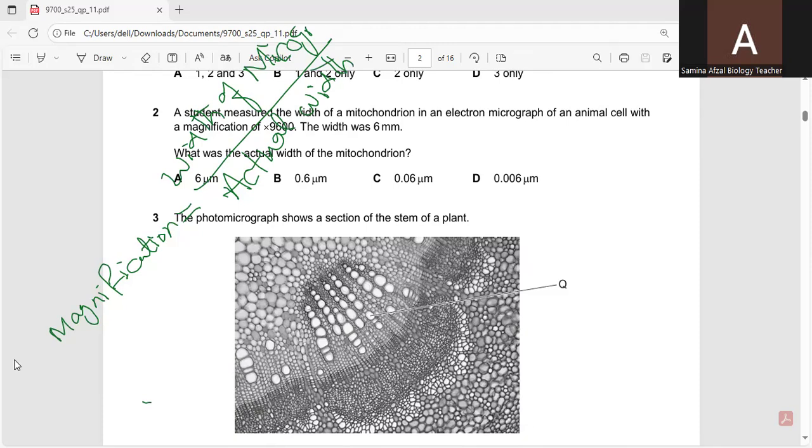They have given us magnification, which is 9600. So we have to find out the actual width. So actual width will equal width of micrograph over magnification.